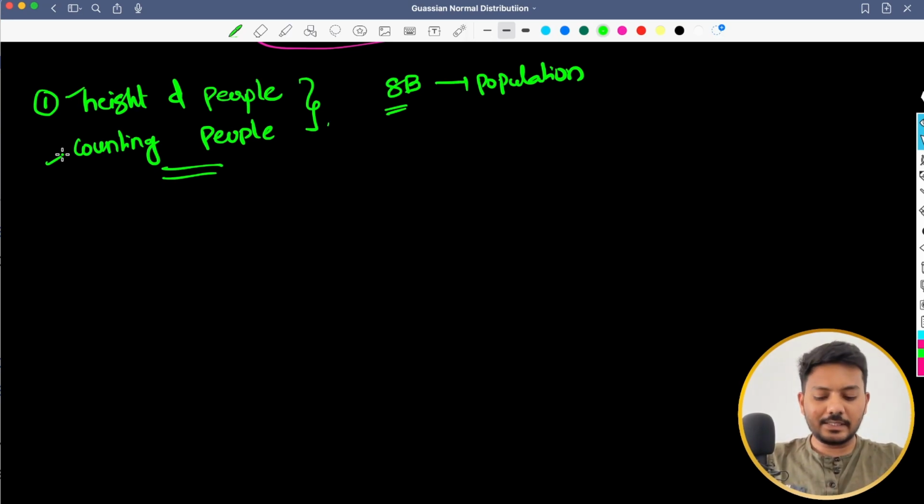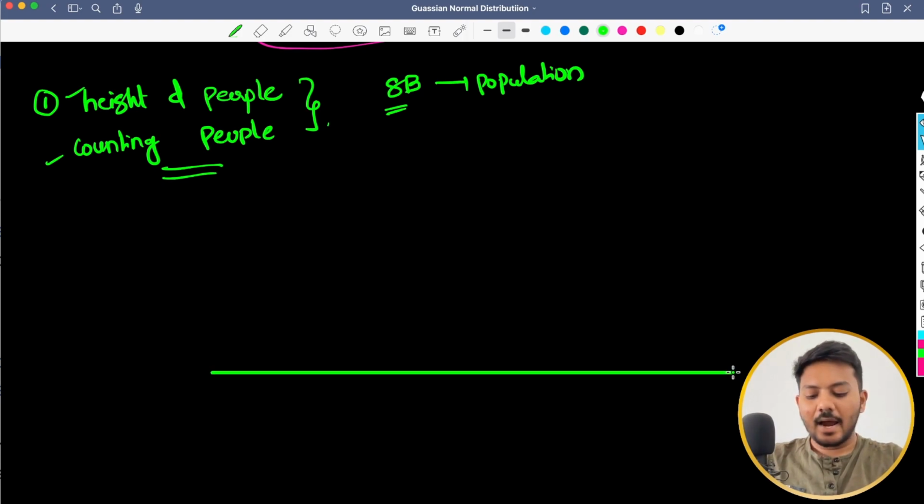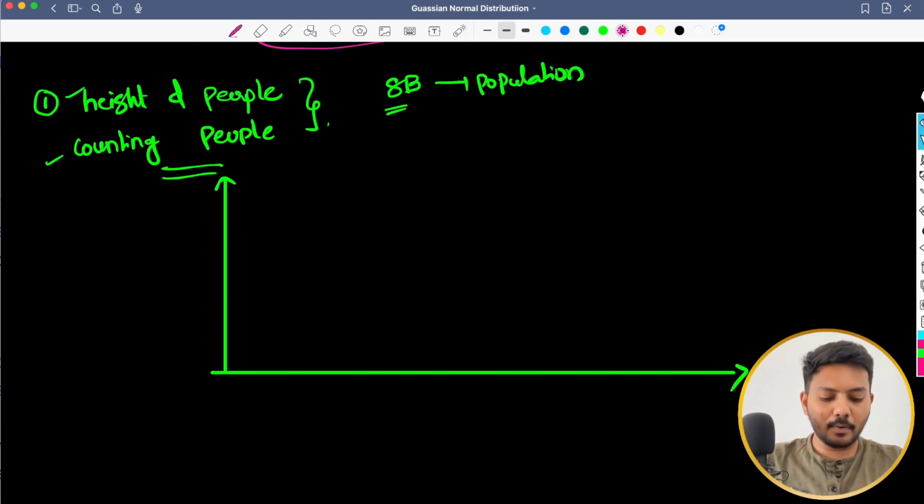So I will draw this in my x and y axis. So this is my x axis and this is my y axis. And I have always said about this, right? Whenever you are looking at a plot, always ask the first question, what is the axis and what are the values of these axes?